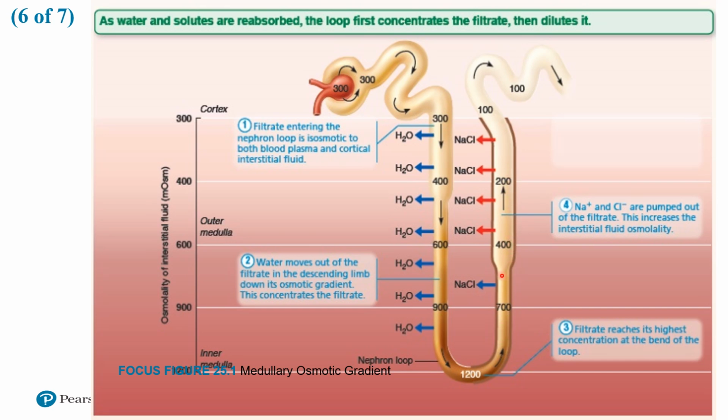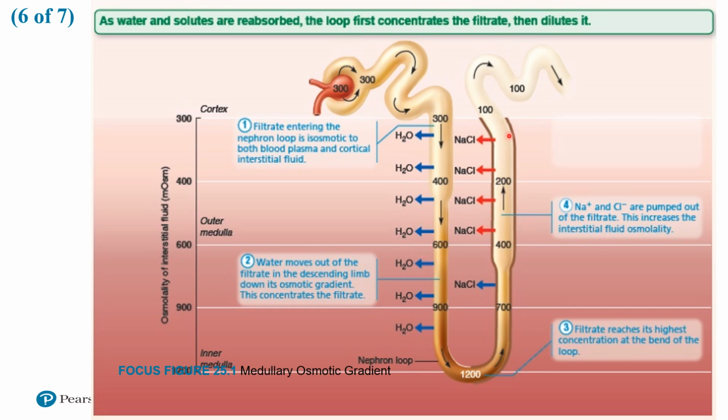See, when the filtrate has passed through this ascending limb, the osmolality is 100, because this ascending limb has an active mechanism to transport sodium and chloride out into the interstitial fluid. And this interstitial fluid osmolality is the one causing the osmosis of water out of the descending limb.